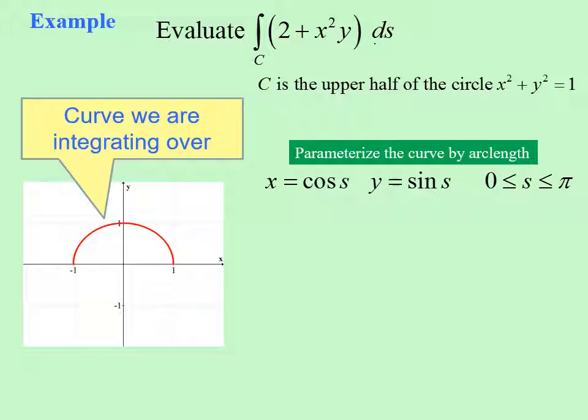And so we can use our polar versions of x and y with the parameter s, and that is our parameterization by arc length. So we simply take our integral, substitute the values for x and y, cosine s and sine s, and then integrate that from 0 to pi.